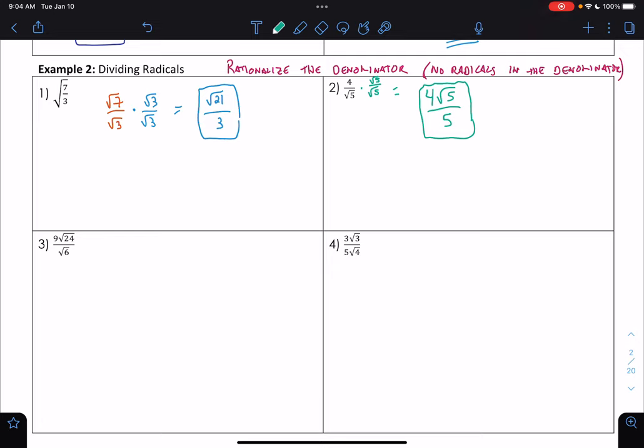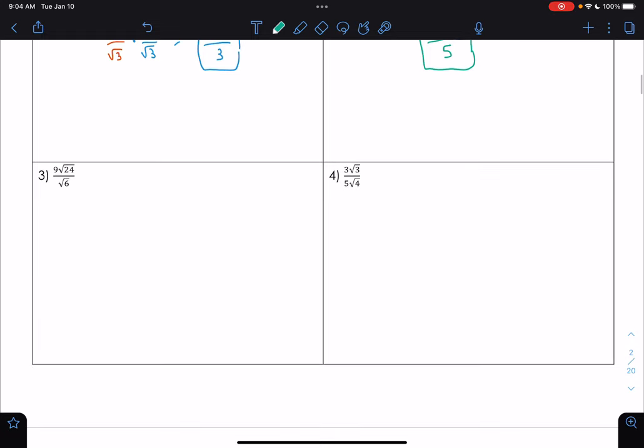Our last two are kind of special cases where we don't necessarily need to rationalize. All right, and let's see why. There are radicals in the denominator, right? Number 3 has a radical of 6 in the denominator, but notice we have a radical in the numerator as well. So we can rewrite this as 9 square roots of 24 over 6.